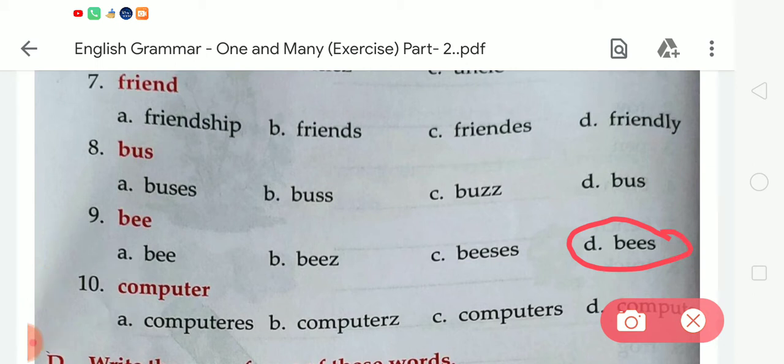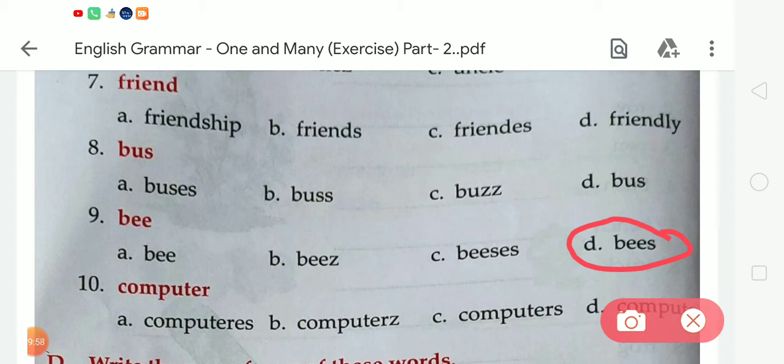Now moving to the next, the last one is number 10. Tell me what's the plural form of computer. My dear student, as we all know, there are some words which already have their plural form.